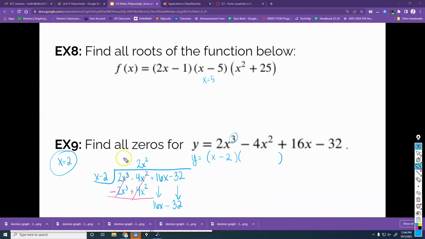Then I've got to ask myself, what times x would give me 16x? A positive 16, all right? So I'm going to put plus 16. 16 times x is 16x. 16 times negative 2 is negative 32. If I subtract that, I'm just going to get 0 because they're exactly the same. So I have divided this, and I got 2x squared plus 16.